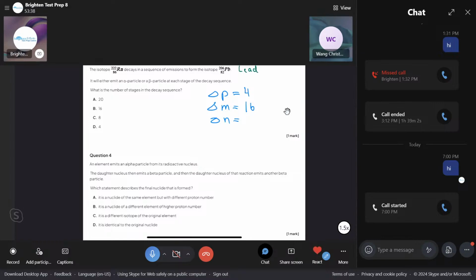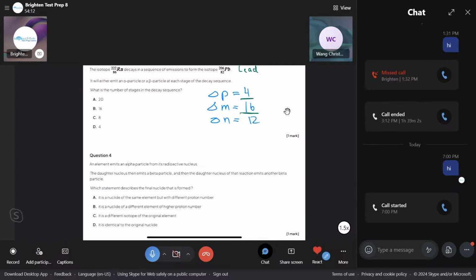Otherwise we won't lose 16 in total. The resultant loss of neutrons should be 12. Okay, if it's important or not, we'll see. Guaranteed 16 is an important number. 4 will be an important number.